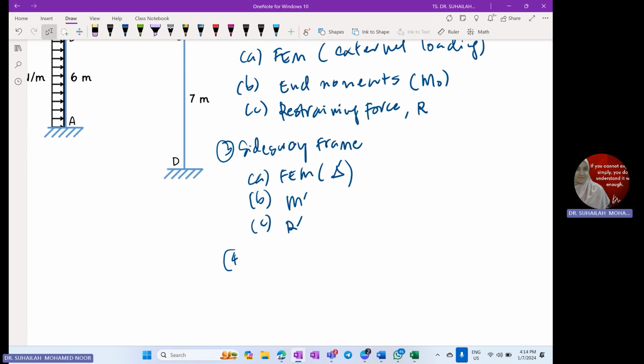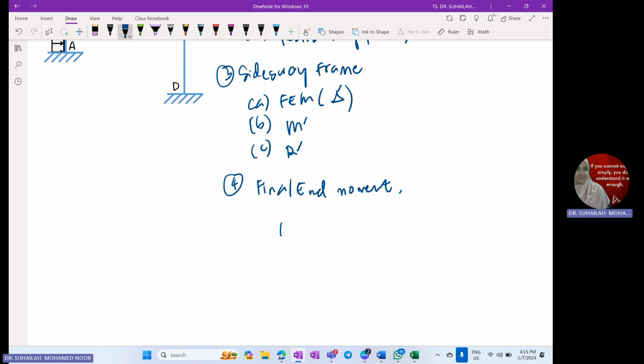And step number 4, we want to calculate the final end moment. Let's say we label it as MF.